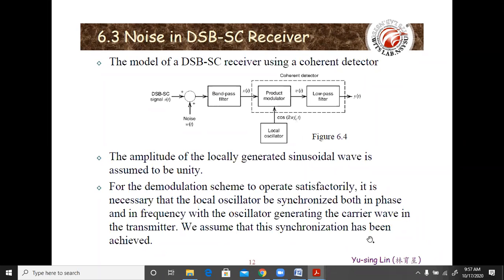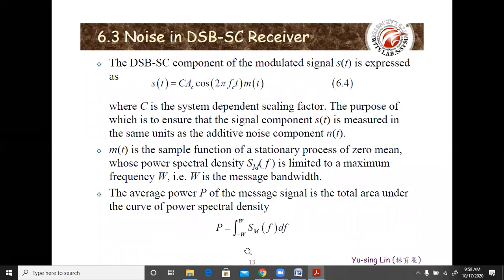We assume that this synchronization has been achieved by some means. Whatever the means might be, we could have a pilot through which we generate that local oscillator, or whatever method we want to adopt. That is a separate issue altogether, but we assume that synchronization has been achieved.